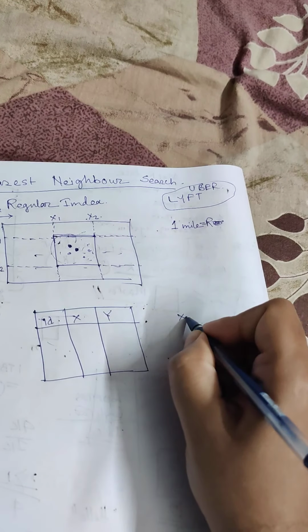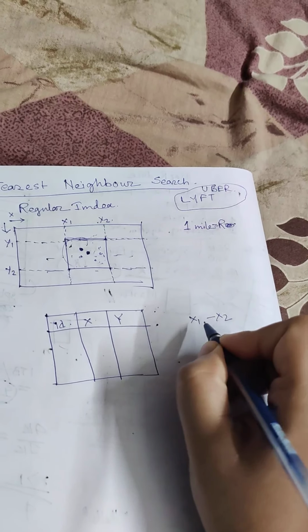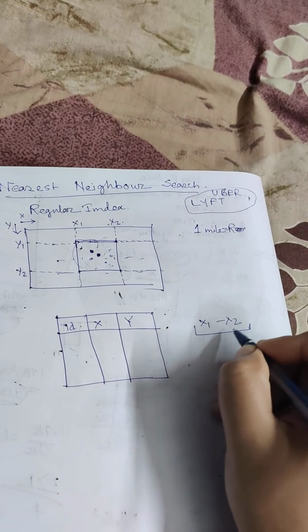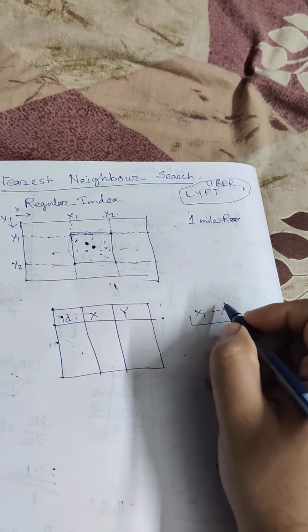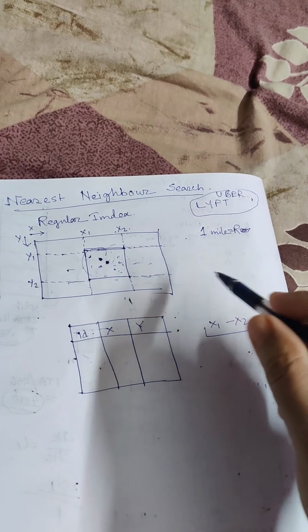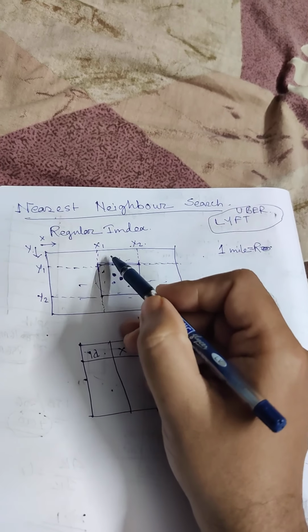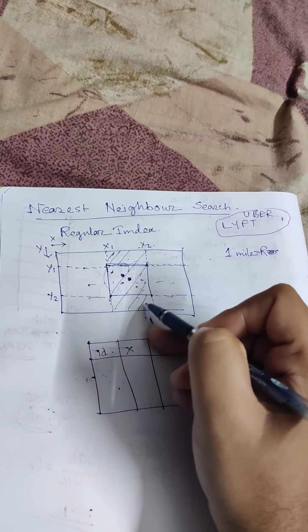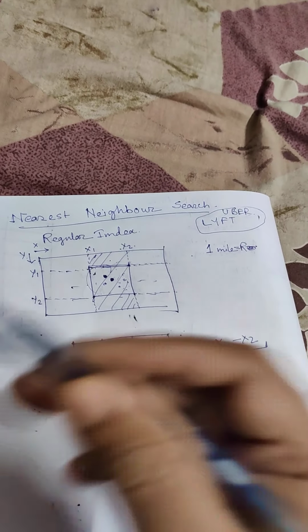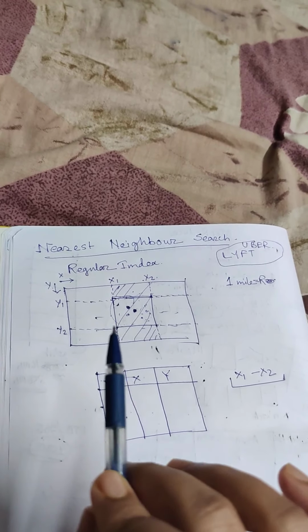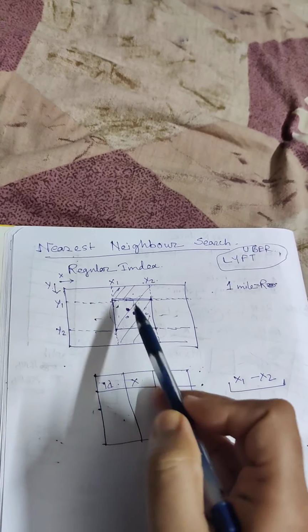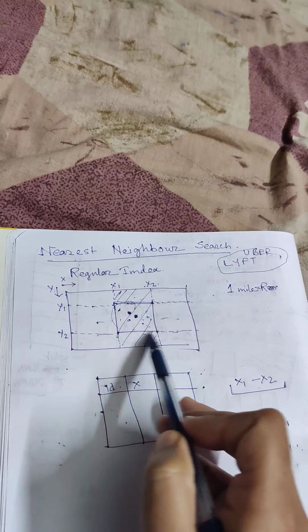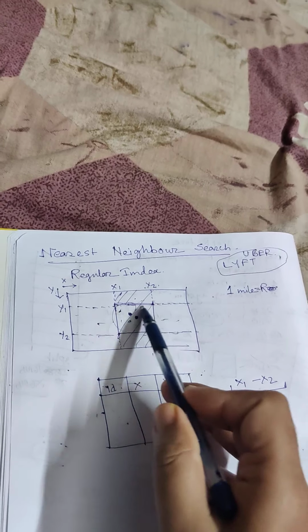First you will perform a range query between x1 and x2. When you get the range query values between x1 and x2, basically you are getting this whole strip, but you don't need that one. You need only the intersection of these two areas, and that is this.